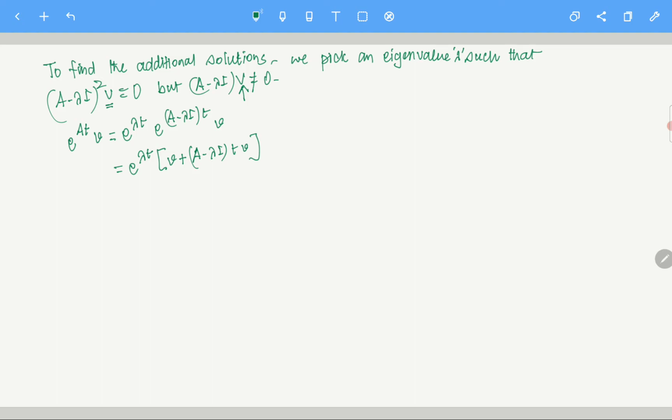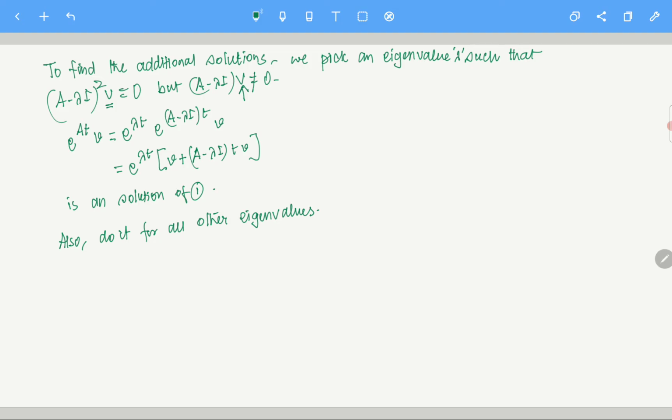That's what you are going to get. So this is a solution of x' = Ax. Now also do it for all other eigenvalues.